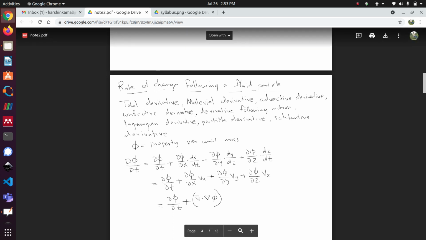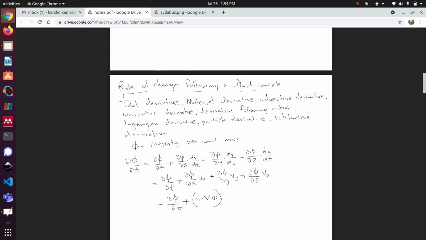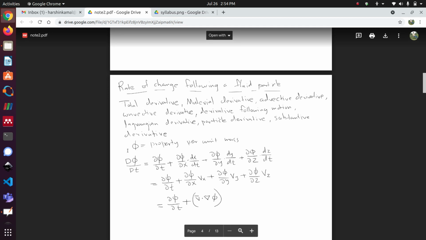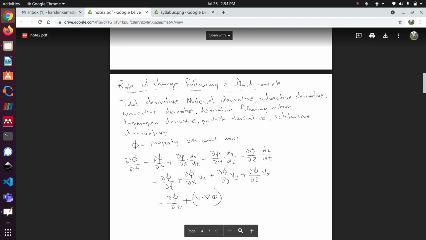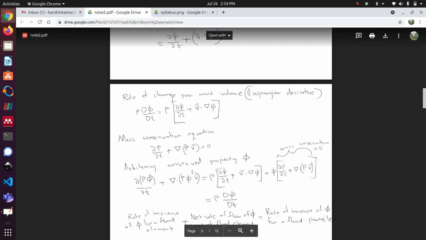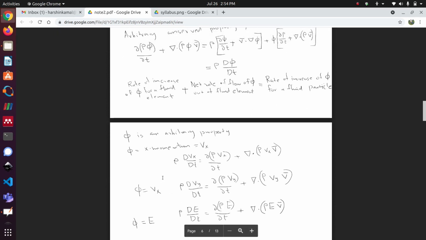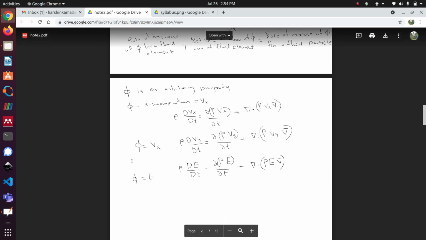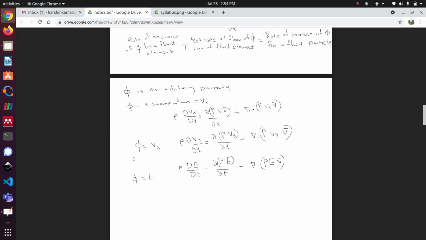So when I was introducing the rate of change following a particle, the Lagrangian derivative, we talked about the Lagrangian derivative of an arbitrary property phi, and that phi could be given different values. You can just give it 1 and get an equation.